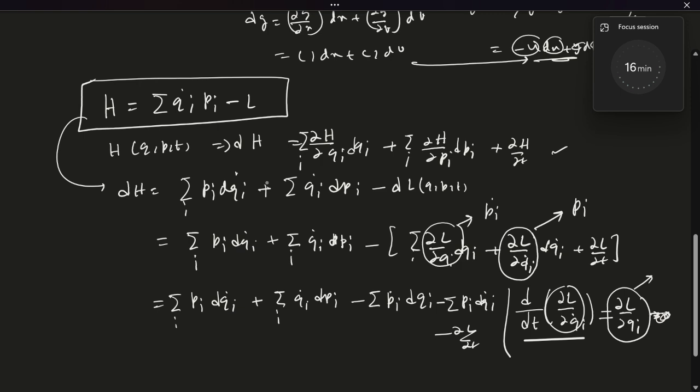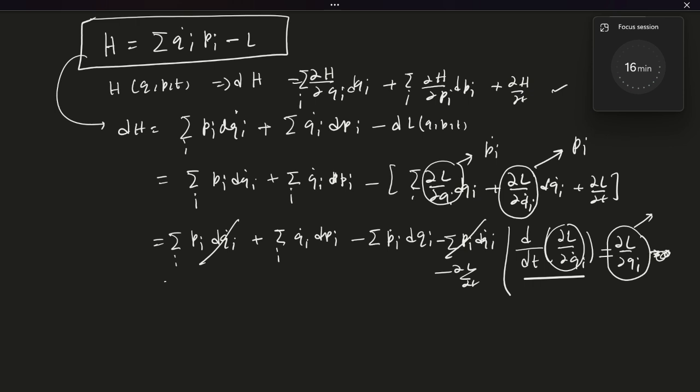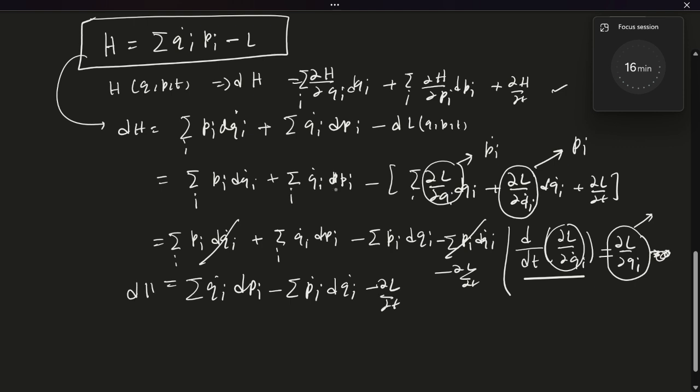And your p_i dq_i dot here will be cancelled out, and you eventually get q_i dot dp_i minus p_i dot dq_i minus del L by del t dt. Okay, this is your dH. Sorry, there will be a dt term also.